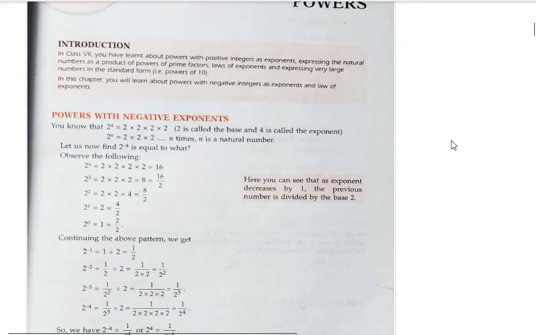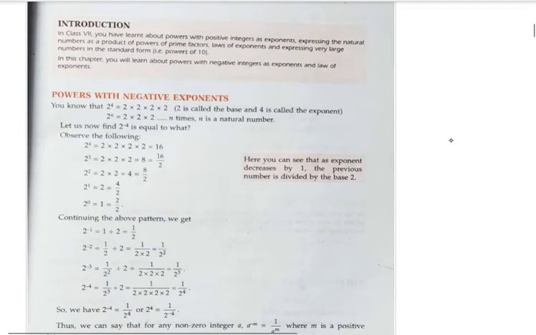So let's quickly go through some formulas before we start with the exercise. The first formula: a number 2 to the power of n is equal to 2 multiplied by 2 multiplied by 2, n times, where n is a natural number.